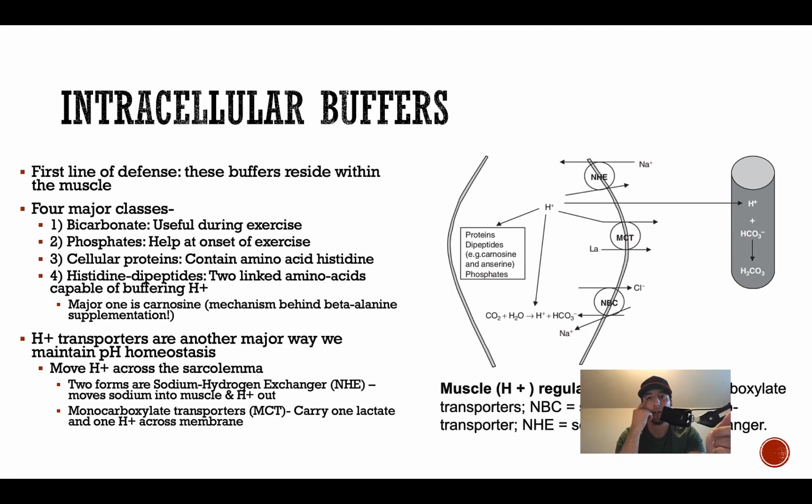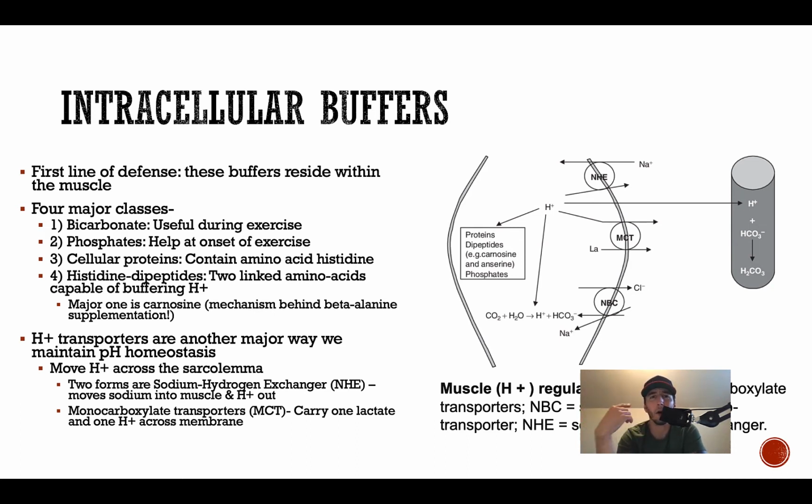What these do is import sodium into the muscle in exchange for a hydrogen ion. So we're able to buffer the hydrogen ion concentration inside the muscle by straight kicking that sucker out of there and bringing in some salt, right? Bringing in some sodium. So that's an antiporter. We're also going to have symporters, which, as they export hydrogen ion, are also exporting another substance.